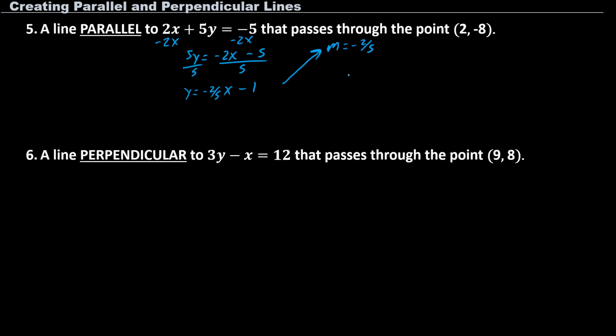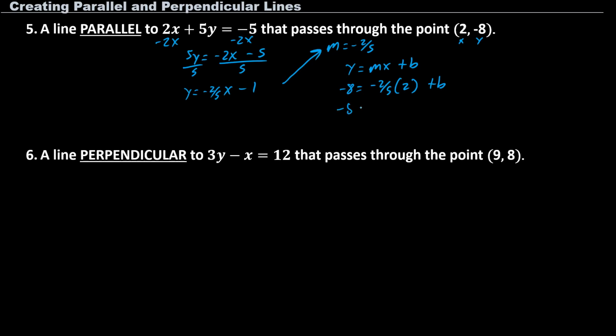And from there we can plug it in to our equation. So y equals mx plus b, that means negative 8 is equal to negative 2/5 times 2 plus b.